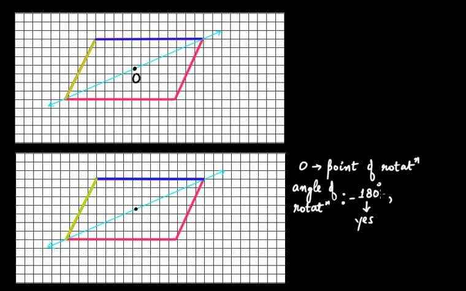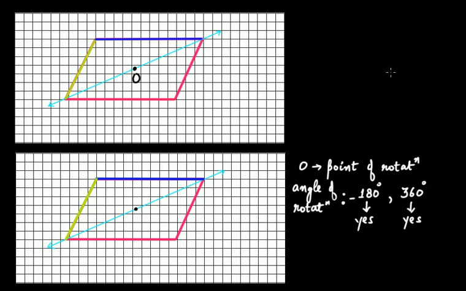And then if you rotate further by 180 degrees, that is a total of 360 degrees, then again you will have a rotational symmetry. Now this 360 degrees means one complete rotation, and this is true for any figure.